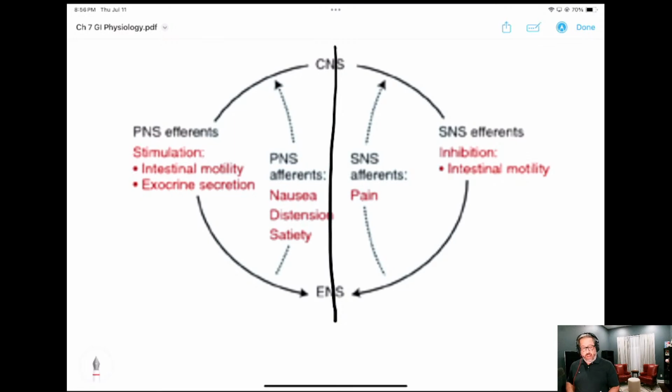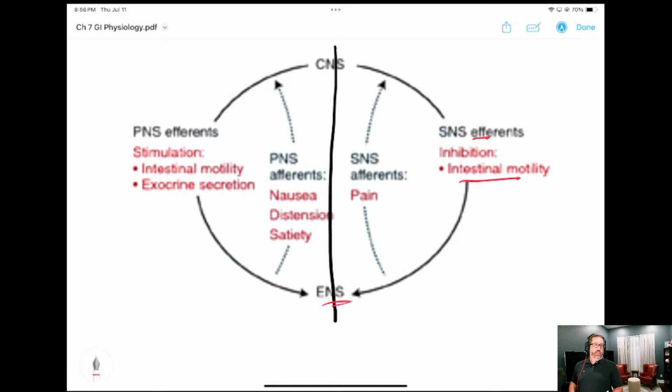The sympathetic efferents that are leaving the central nervous system are going to cause an inhibition in intestinal motility, which is going to have an effect on the enteric nervous system.